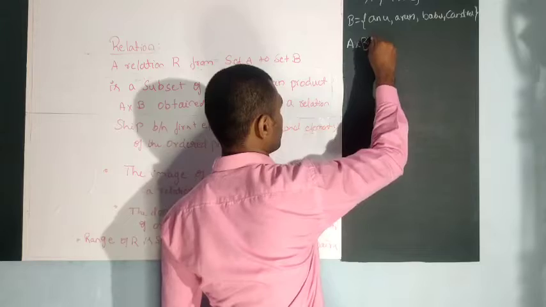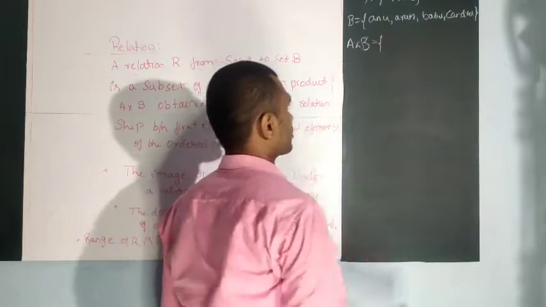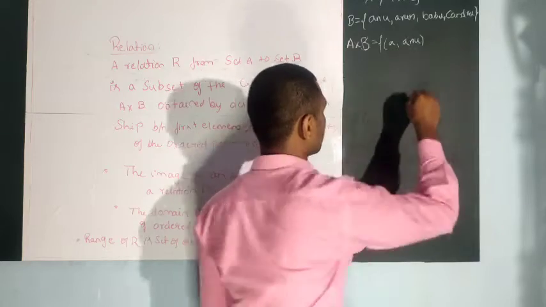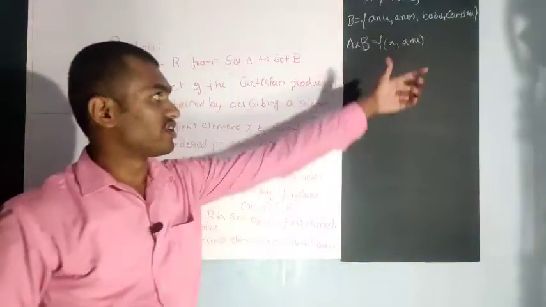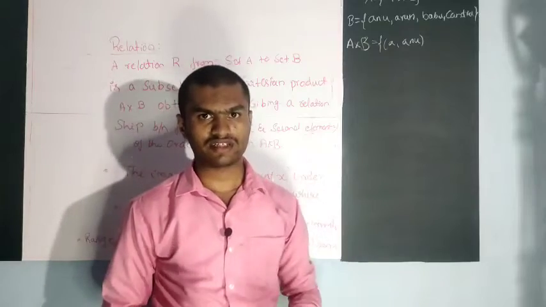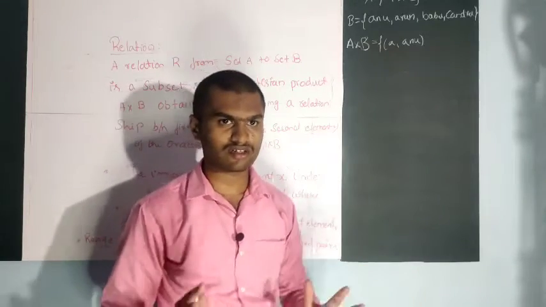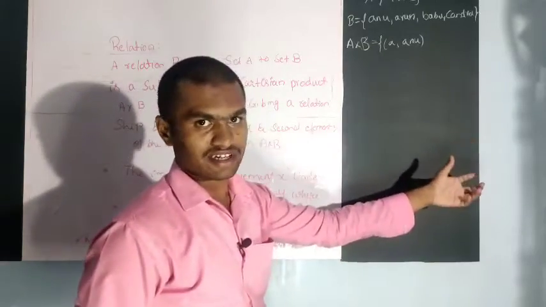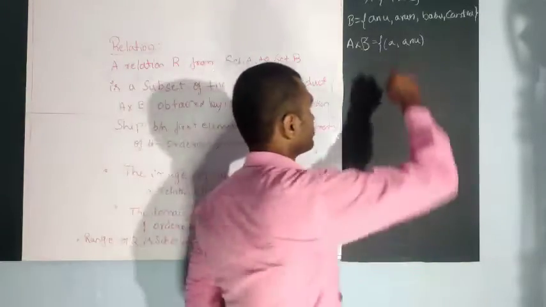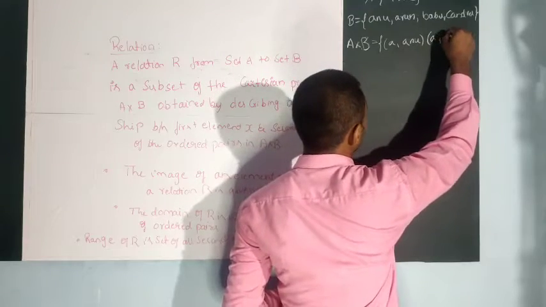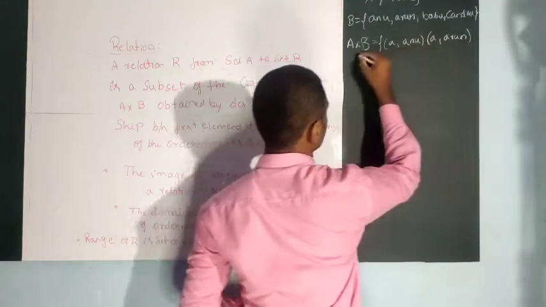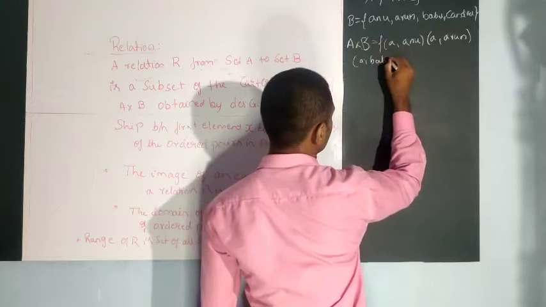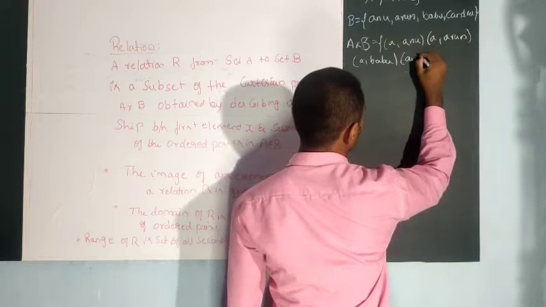So A cross B. I will write A comma Anu, A comma Arun. To define all those things, earlier I said please go through those videos if you are not familiar with that. I am simply writing it, I think you can understand. A comma Arun, A comma Babu, A comma Chandru.